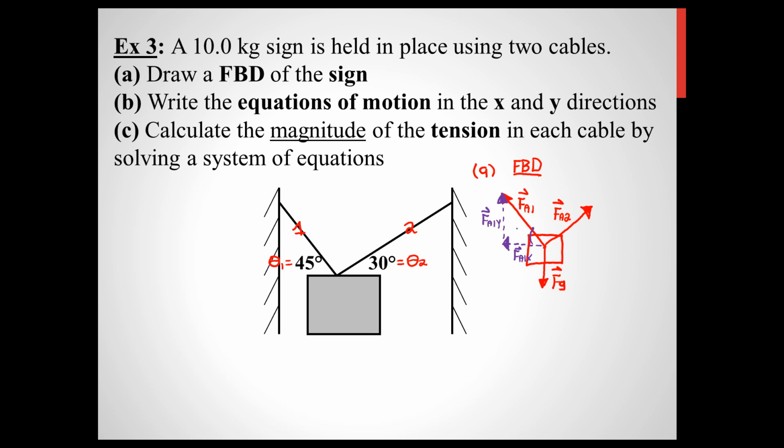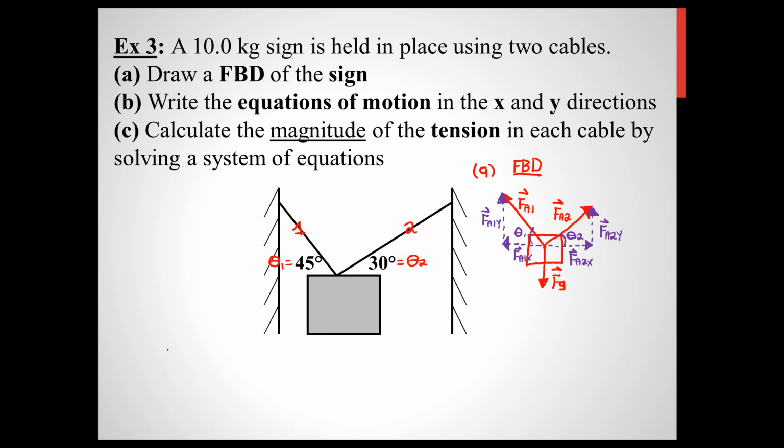And this angle here is theta 1. Ft2 would have an x component that points towards the right, and a y component that points up. We'll call the y component Ft2y, and the x component Ft2x. And we'll label that angle as theta 2. And that is my free body diagram.